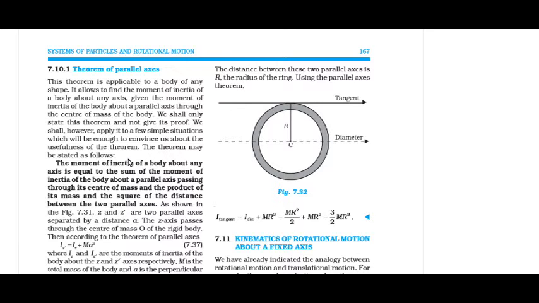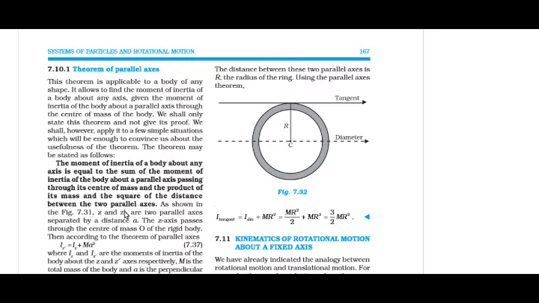The theorem may be stated as follows. The moment of inertia of a body about any axis is equal to the sum of the moment of inertia of the body about the parallel axis passing through the center of mass and the product of its mass and square of the distance between the two parallel axes.